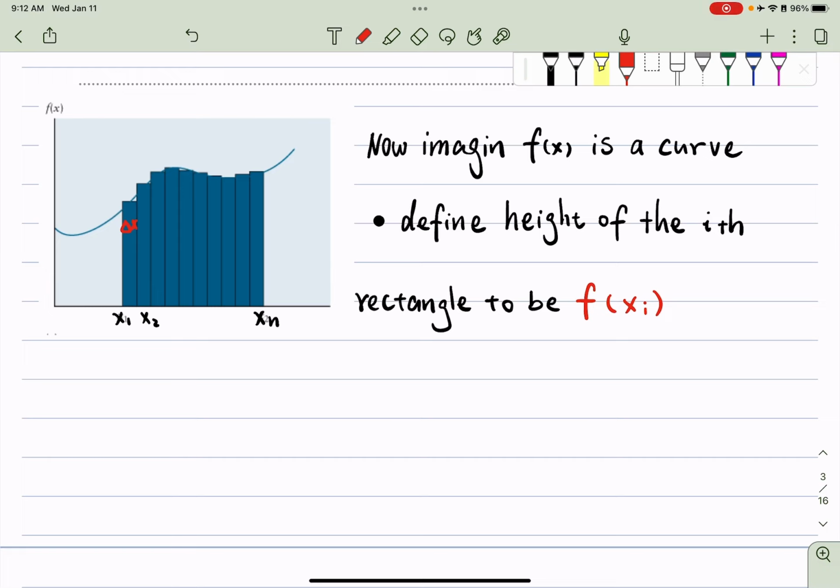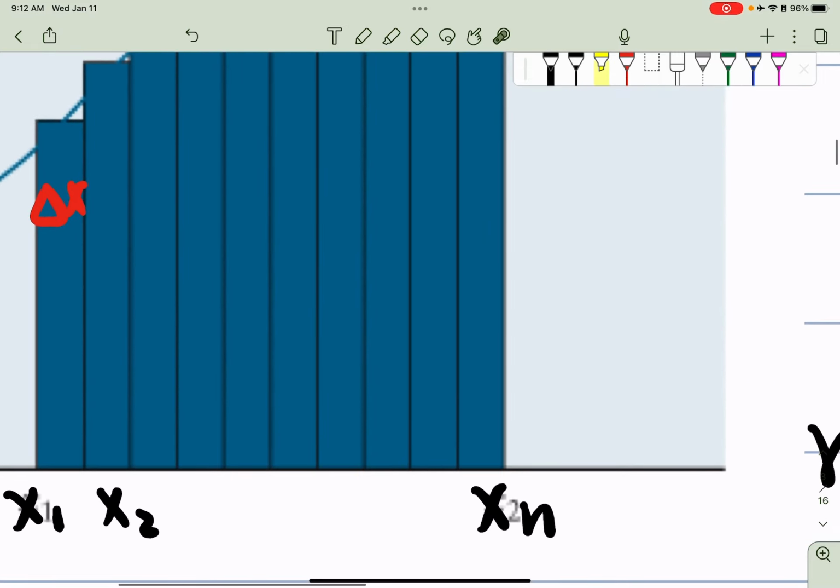We define the height of the i-th rectangle to be f(xi). Because the rectangles are really small, the sum of their areas becomes a good estimate of how much area is below the curve.